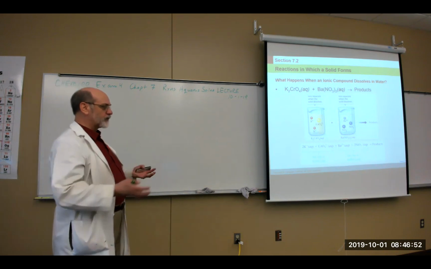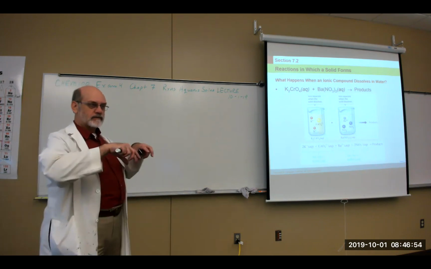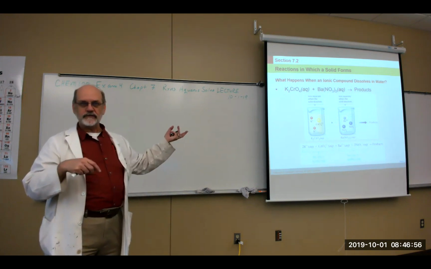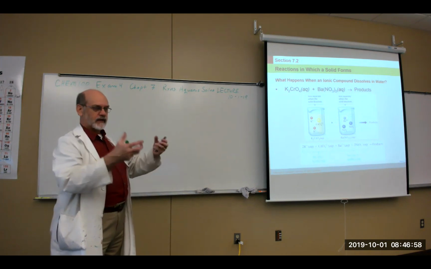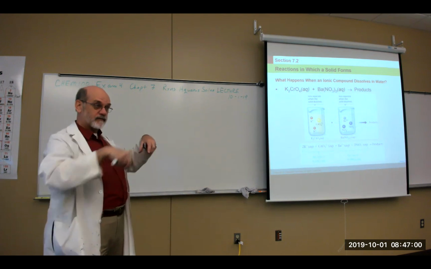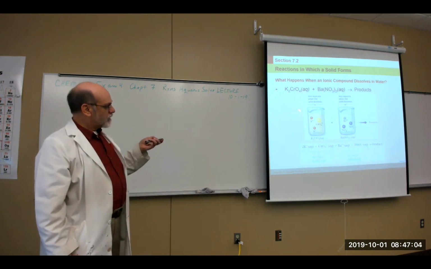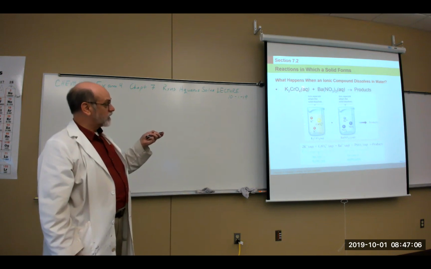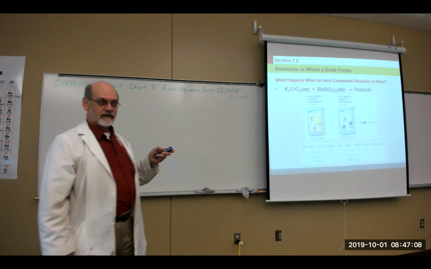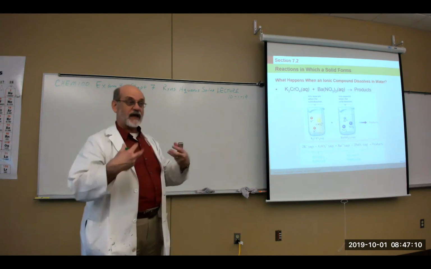So once they're in solution, if you put them together, like we saw in that previous video, where the guy had these two solutions and he put them together, these compounds are actually not the ones that interact, because in solution they're individual ions.